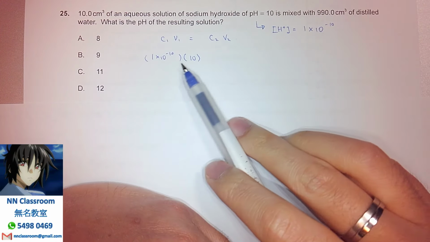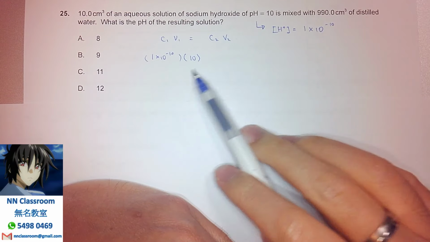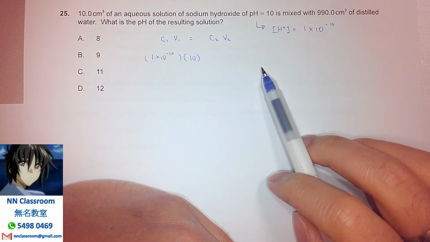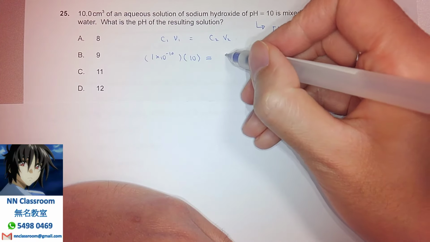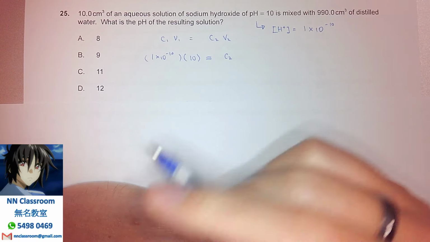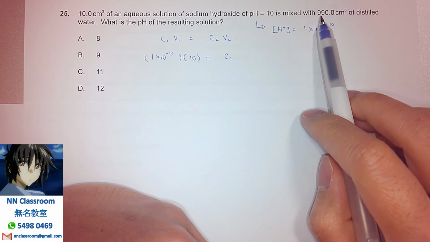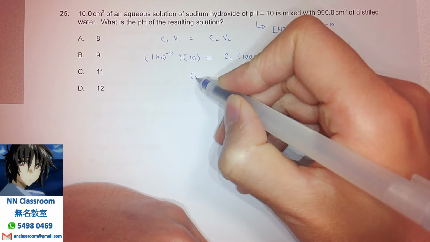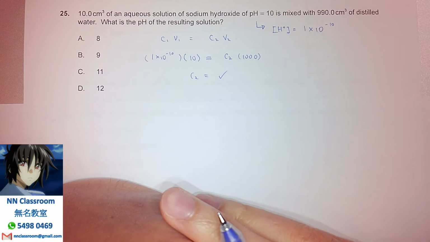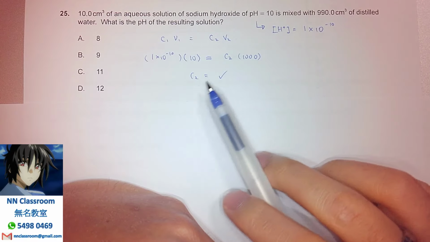Again, we divide by 1000 to get dm³, but remember two sides are divided by 1000, so meaning cancelled, right? So we can be lazy and just eliminate that part. And finally V2 will be 10 plus 990, so that is going to be 1000, right? Obviously, you can work out C2 with some mathematics, and finally take the negative log, then you can probably get the answer, right?